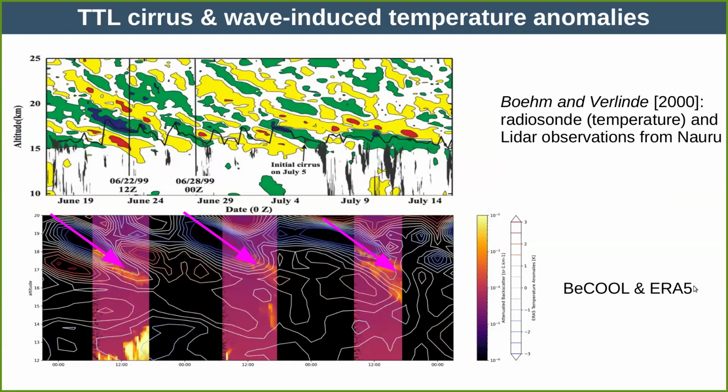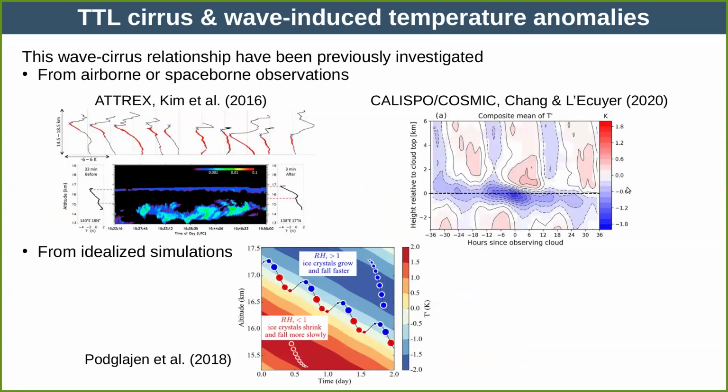We remove the background state from ERA5, and we see that clouds live in cold anomalies with downward propagating phase.